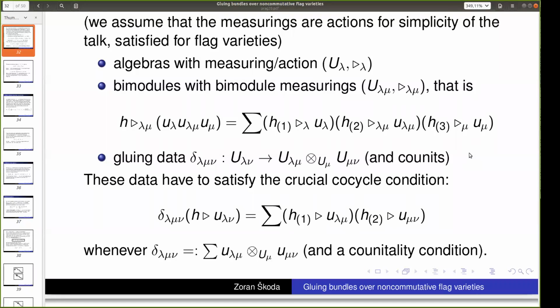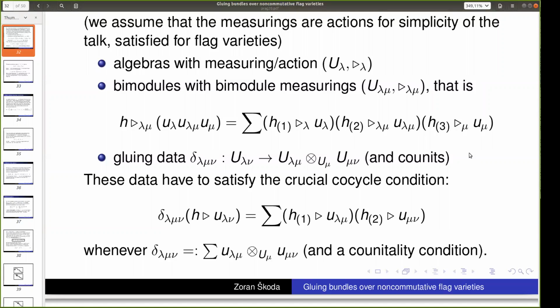Well, I was looking exactly at these slides, where these measurings are no longer actions. Maybe if you go to some braided multiplications, it could help. Well, of course, it's a little different.